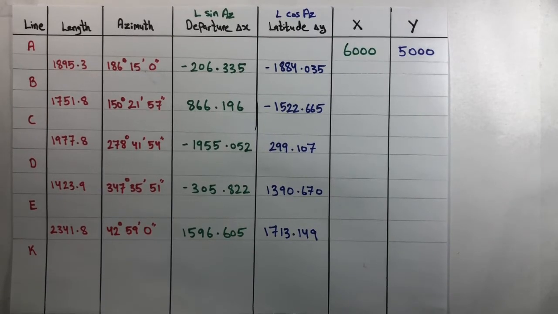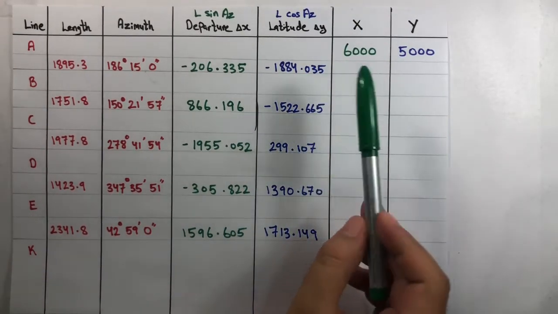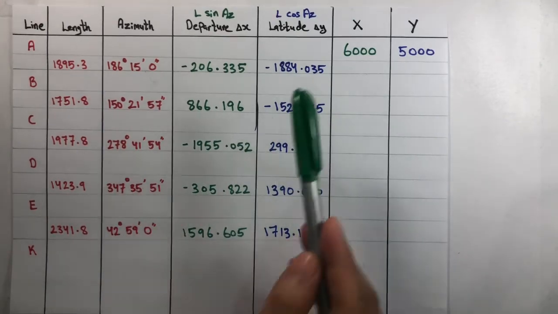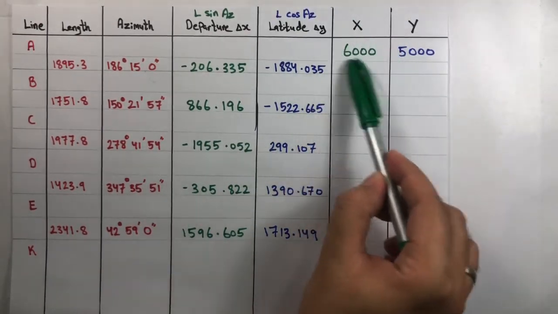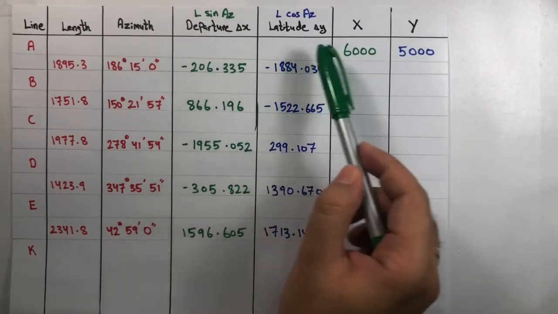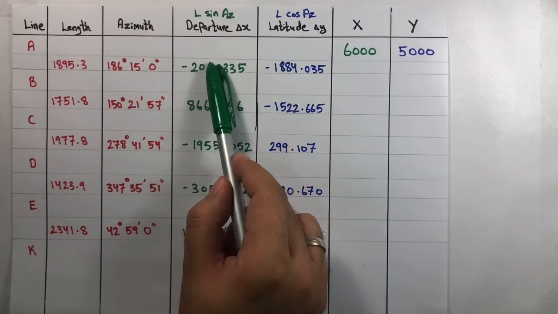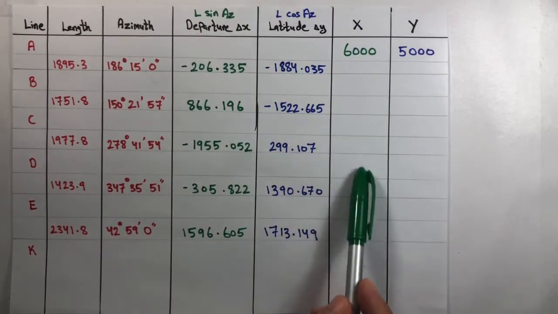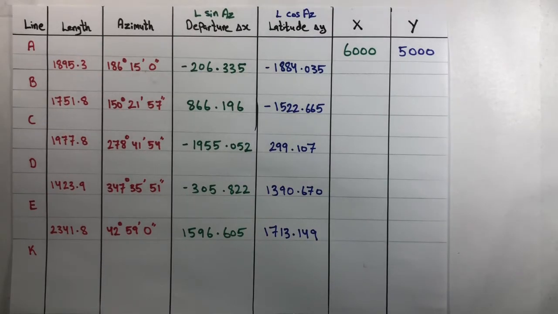Now we can move forward and find out what the coordinates are. So let's start with the x coordinates, then we'll proceed to y. What we have to do exactly is we will get the first coordinate, which is the 6000. We'll just add the departures one by one and note the coordinates, the x coordinates or the easting coordinates.